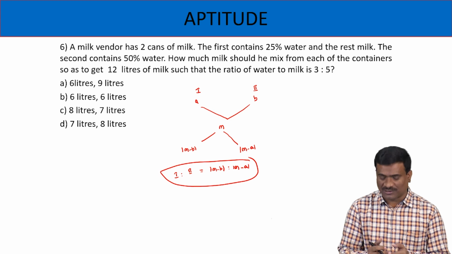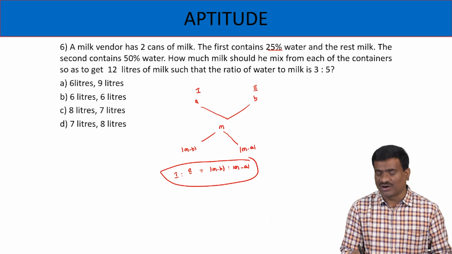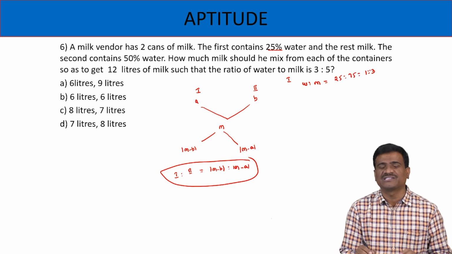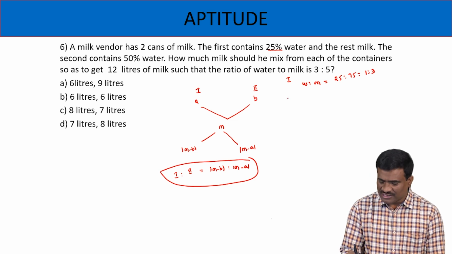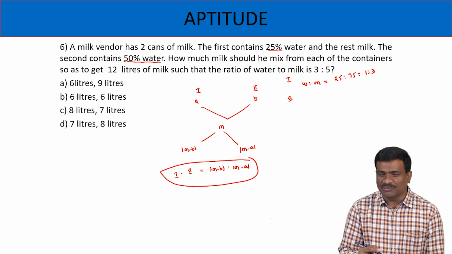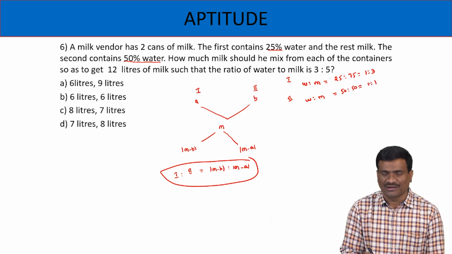The first can has 25 percentage of water, so water is to milk is equal to 25 is to 75, which is equal to 1 is to 3. Similarly, the second part has 50 percentage of water and the remaining 50 percentage milk. Again calculate the ratio: 50 is to 50 is equal to 1 is to 1.